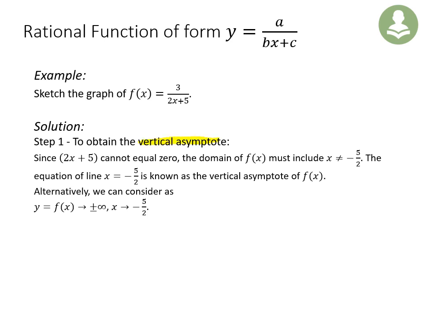The vertical asymptote is obtained first by looking at the denominator of the function. Since the denominator cannot equal 0, x cannot equal negative 5 over 2 in this case. This would mean that this point will never exist, and we call this the vertical asymptote. That's the first step.